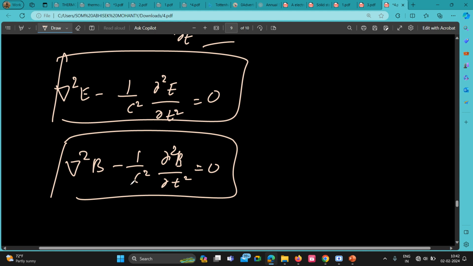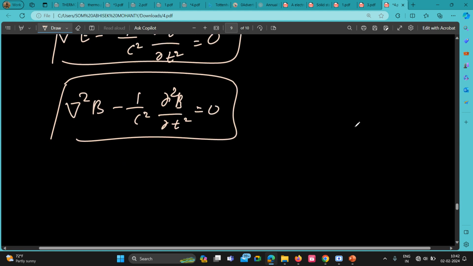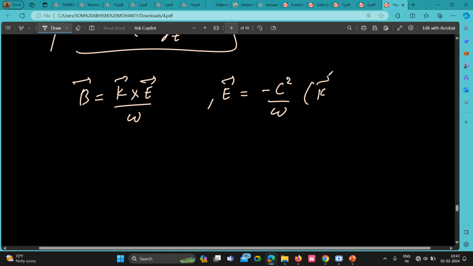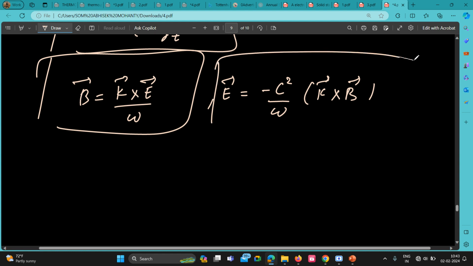We can also formulate B is equal to k cross E by omega, and E is equal to minus c square by omega k cross B. Just remember these two formulas. This question will surely come from these two.